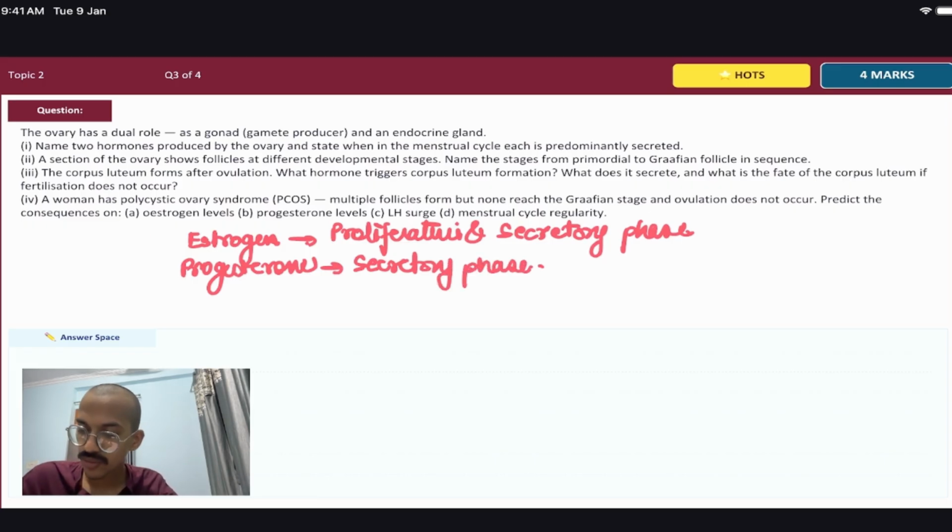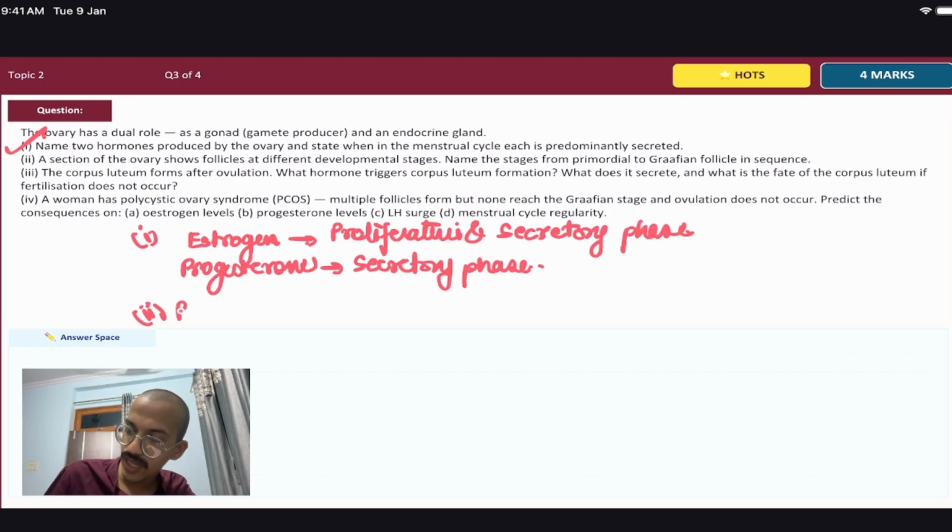Okay, next, first one is done. The next question: a section of the ovary shows follicles at different development stages. So we are seeing the ovary, and there are different follicles in different stages. Name the stages from the primordial to the Graafian follicle in sequence.